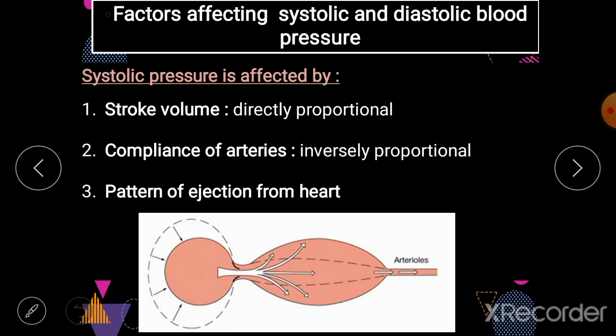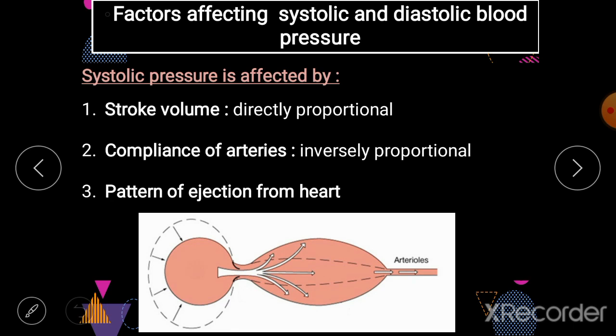So, stroke volume is directly proportional to systolic blood pressure. Any condition which increases the stroke volume will increase the systolic blood pressure, and any condition which decreases the stroke volume will decrease the systolic blood pressure.